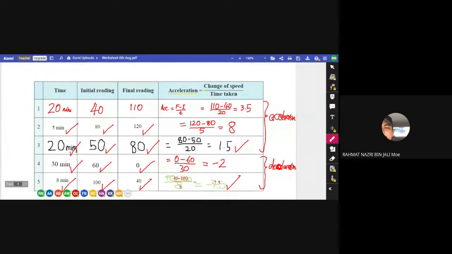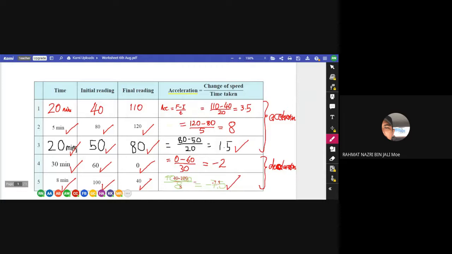Anyone want to ask anything about this table? Hopefully everyone is clear with this table. So we have got the formula for the acceleration: change of speed divided by time taken. That's the acceleration.